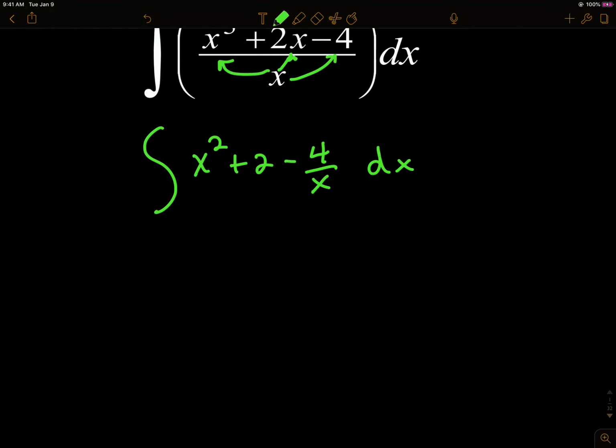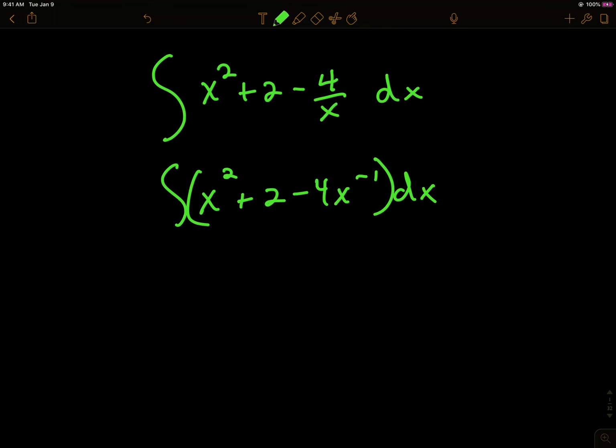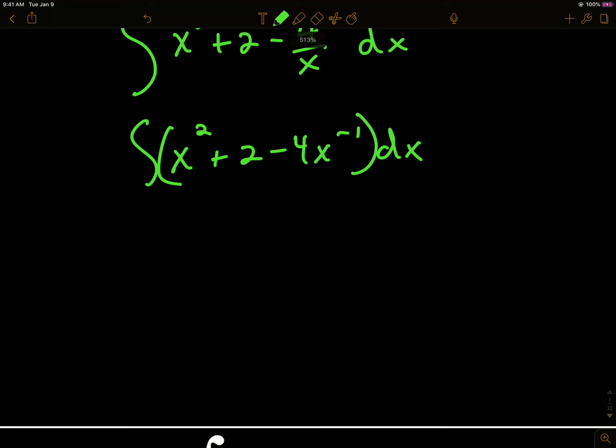I still have the problem with 4 over x. So now we're going to call that negative 4x to the negative 1. We're going to bring it up. This is my integrand, so I'm applying power rule to that. So if I apply power rule, I'm going to get x to the third, and then it's going to be 1/3. This is a constant 2, so its integral must have been 2x.